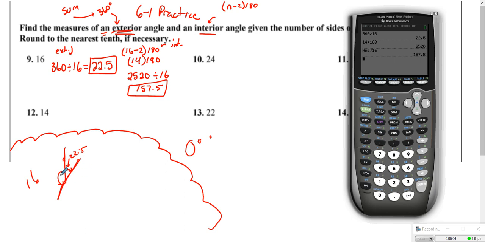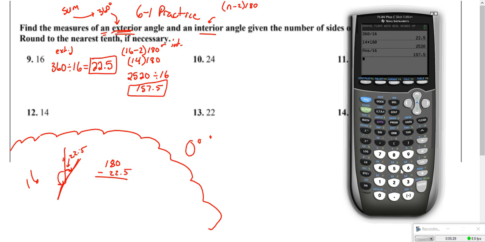So couldn't an interior angle, if I knew what the exterior angle was, couldn't I just do 180, because it's a straight line, minus the exterior angle to get my interior? 180 degrees, right? These are next to each other. Supplementary is the word.